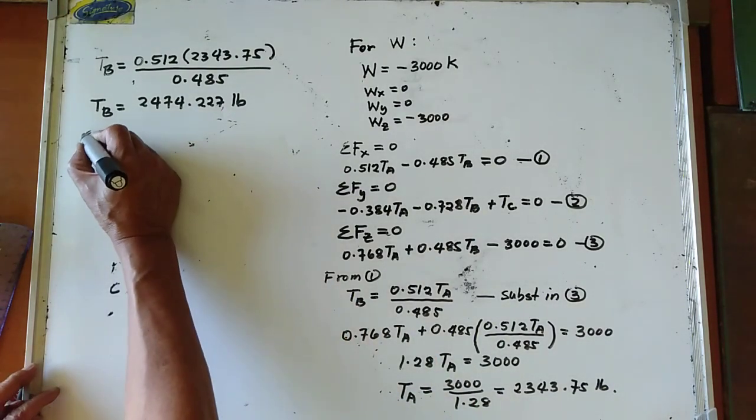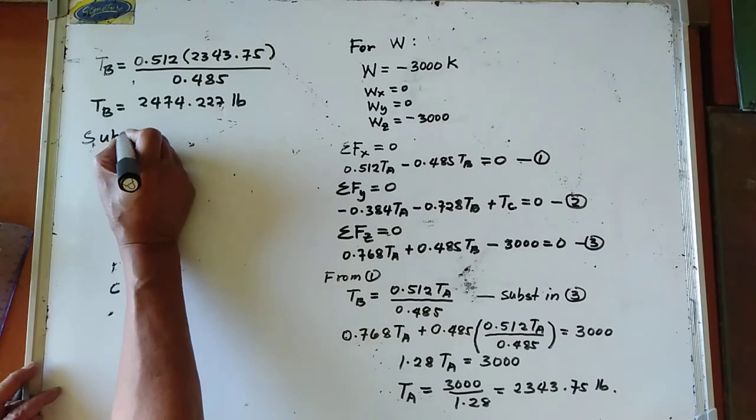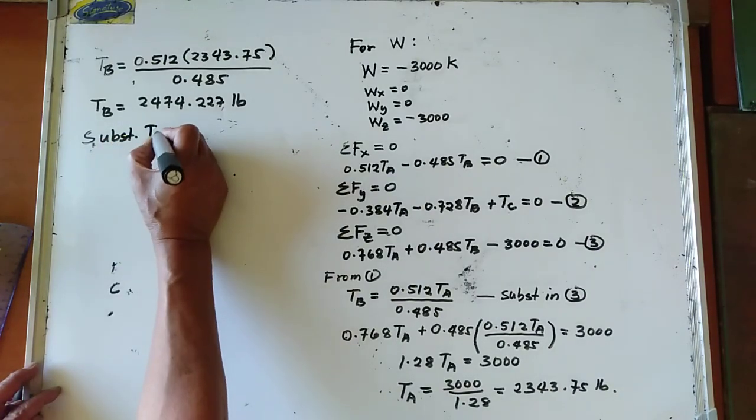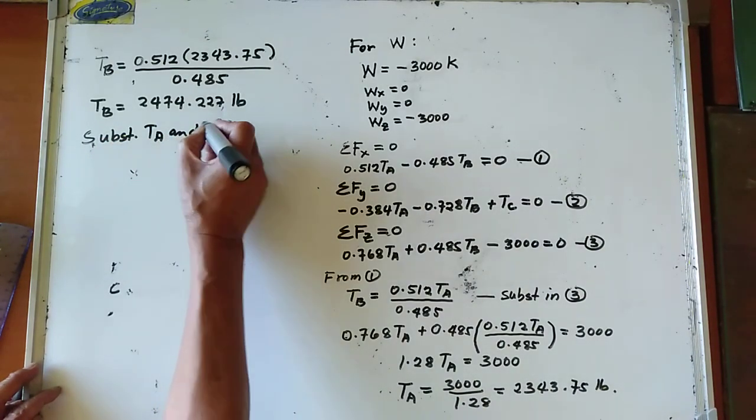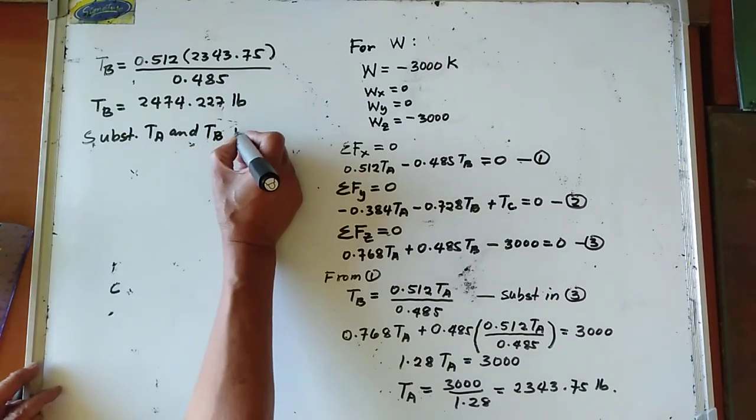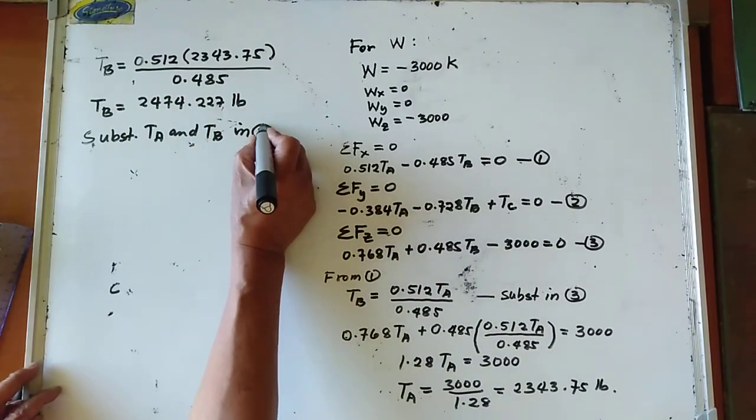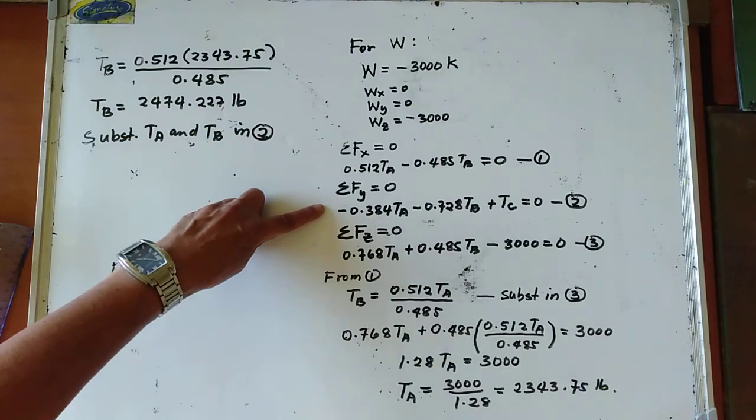Now, knowing the values of TA and TB, let us substitute these values in equation 2. So this is your equation number 2.